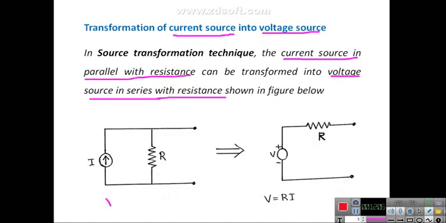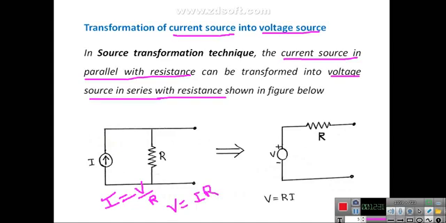As you know, I is equal to V by R. In this network, you know I and also R, so from this you can easily calculate V is equal to I into R. This is the value of the voltage source.